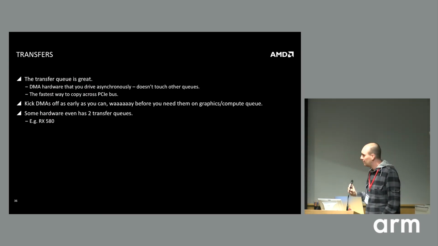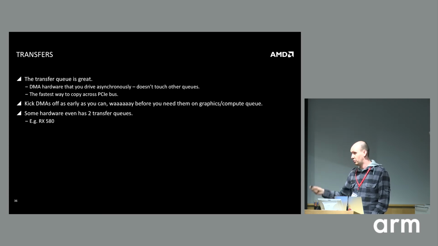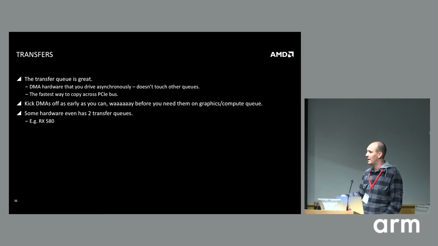The reason is the transfer queue, at least for AMD, maps to an actual DMA engine that's completely asynchronous from the rest of the chip. So it doesn't touch other queues, and it is actually the fastest way to copy across the PCIe bus. If you can kick your DMAs off early, way before you need them, they'll run completely asynchronously to graphics and compute.